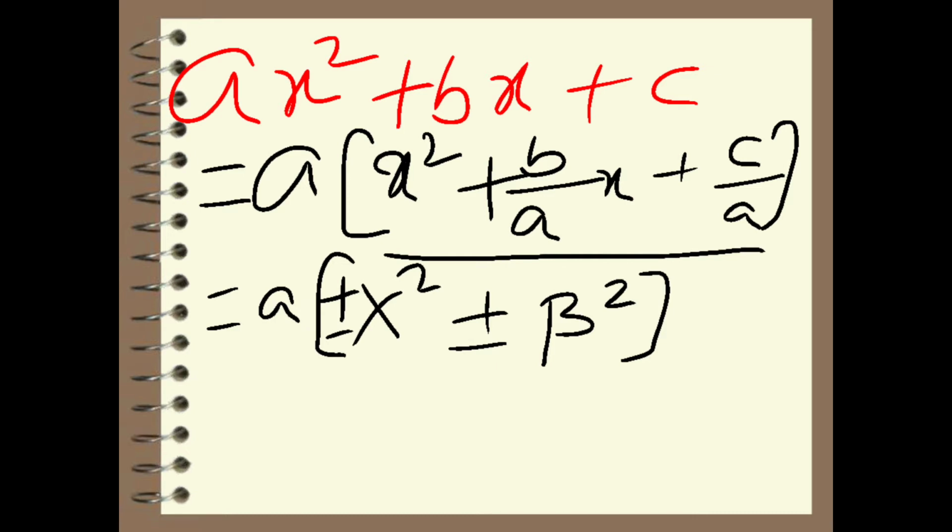So how do we convert this expression to this expression? We see in one example. Okay students, we will see one example, then you will get more clarity about this.